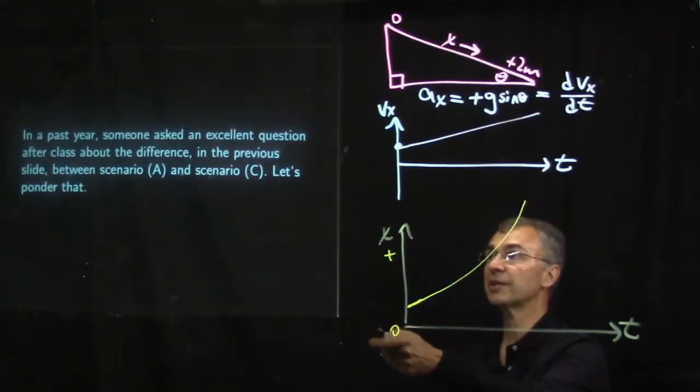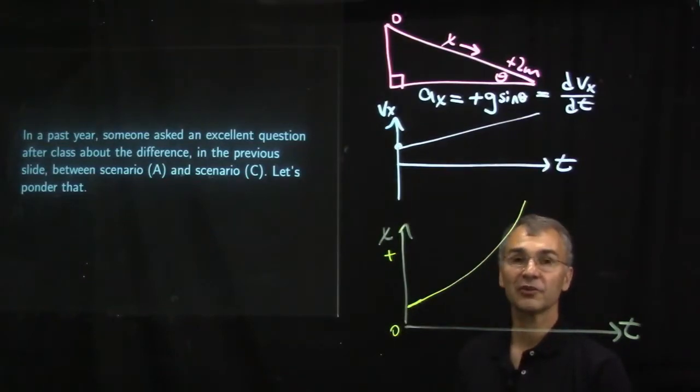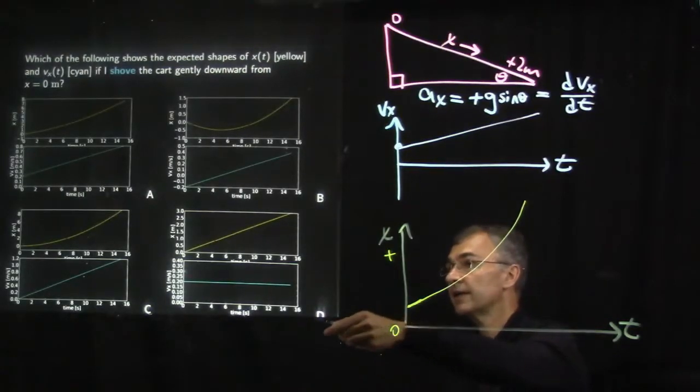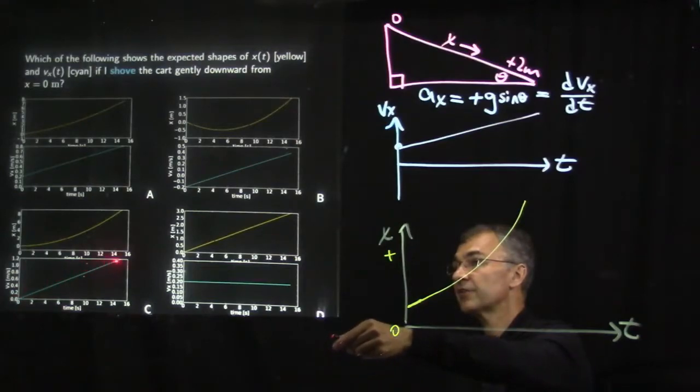By the way, in class a couple years ago, somebody asked an excellent question after class about the difference in that previous slide between scenario A, alpha, and scenario C, Charlie. Let's look more closely at the difference between A and C. So in C, the velocity starts out at 0 and increases.